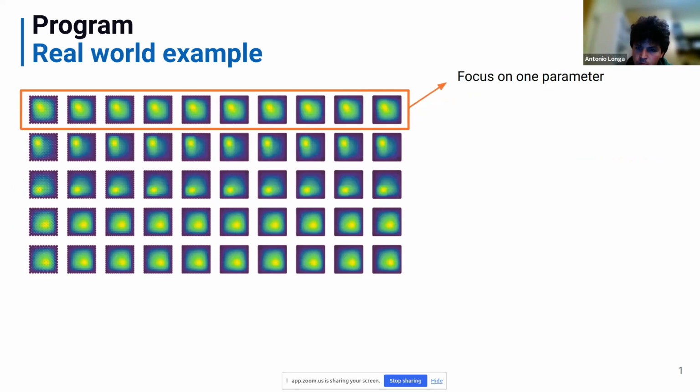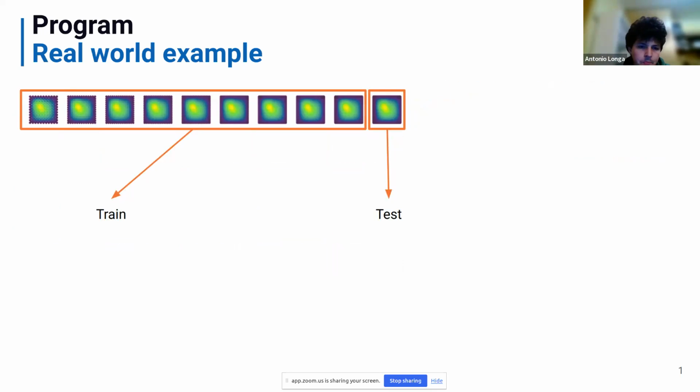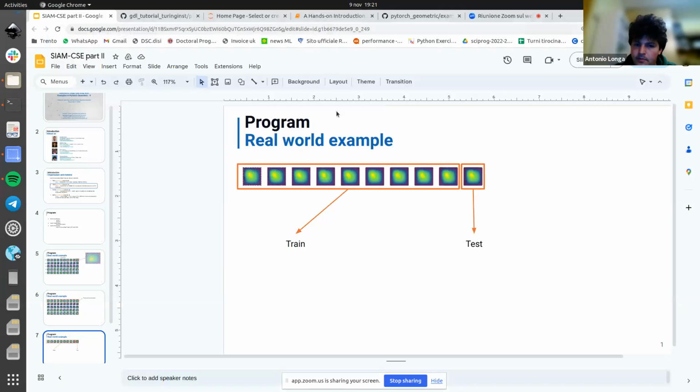What we are going to do is take just one simple material. We focus on one, we train on some of them, and we predict on the rest.